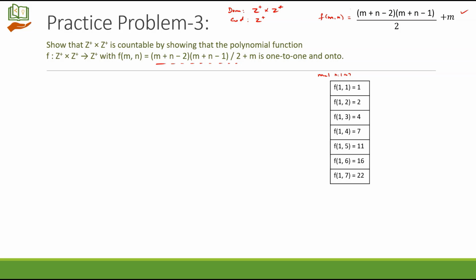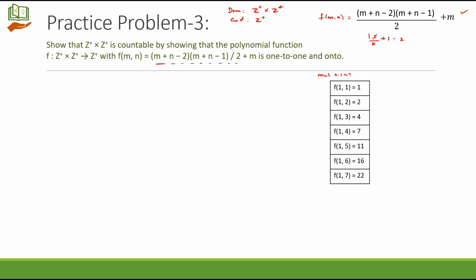What about f of 1 comma 2? Here we have 1 plus 2 is 3, 3 minus 2 is 1. 1 plus 2 is 3. 3 minus 1 is 2. What is 1 into 2? It is 2. 2 divided by 2 will go. Then plus m is again 1. What is the value? We have 2.